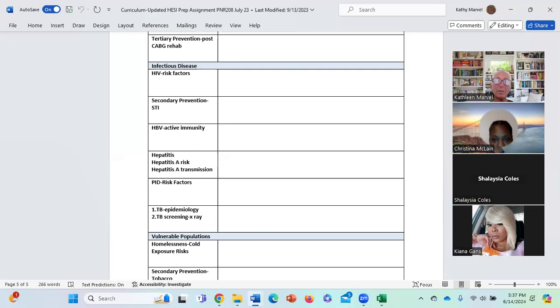Active immunity, what's HBV active immunity? What's that? What vaccine is that? The hepatitis B. Right. Yep, so active immunity. What about hepatitis A risk, hepatitis A transmission?